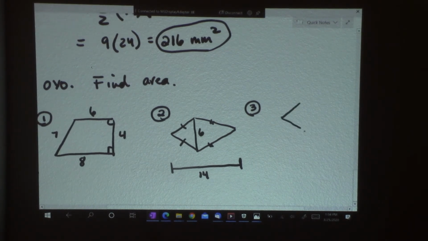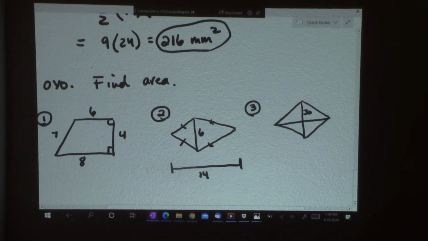Okay, and here's a different shape, a rhombus. Alright.